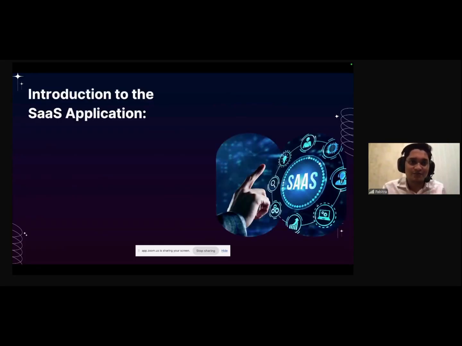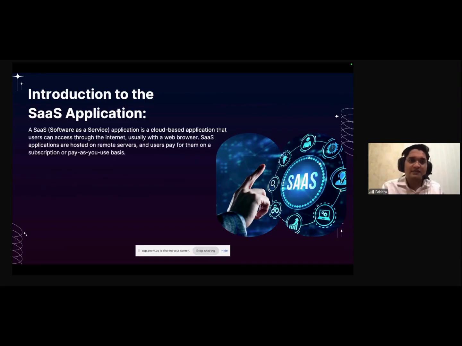Before jumping into the evolving cyber threats, let's understand what SaaS is. What is a SaaS application? The full form of SaaS is software as a service. A SaaS application is mostly a cloud-based application that users can access through the internet, using their browser.